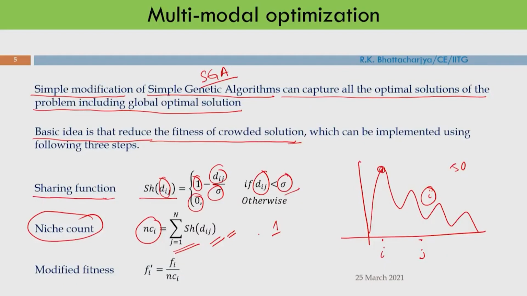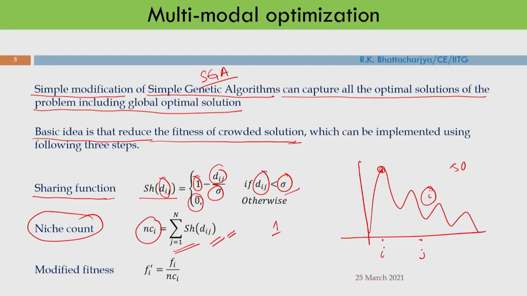So this niche count can be 1 or more than 1. If the value is large, the solution is crowded, and if the niche count is 1, it is not crowded.